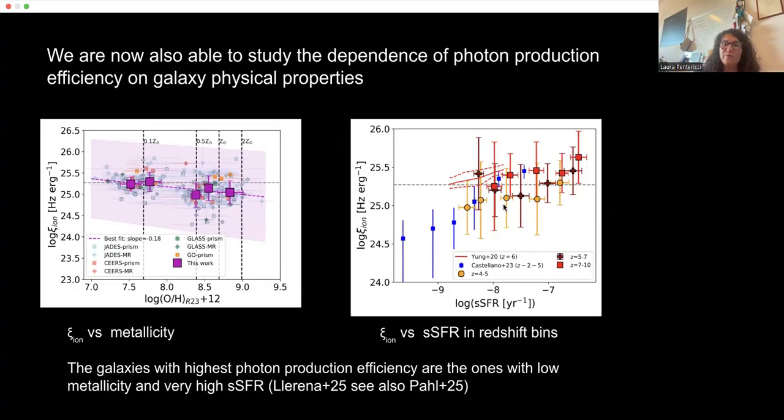We also found that Xi ion is proportional to the specific star formation rate. So basically, the galaxies with the highest photon production efficiency are the ones with low metallicity and very high specific star formation rate.